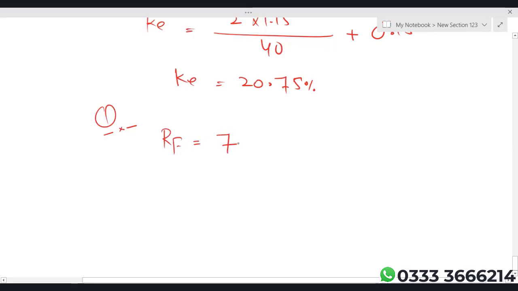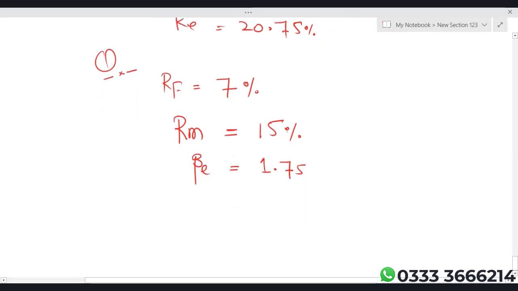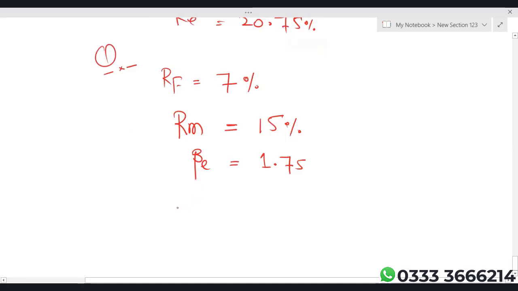Okay. Let's say we have RF 7%. RM we have 15%. Equity beta 1.75. Dividend is $40 per share in 2023.